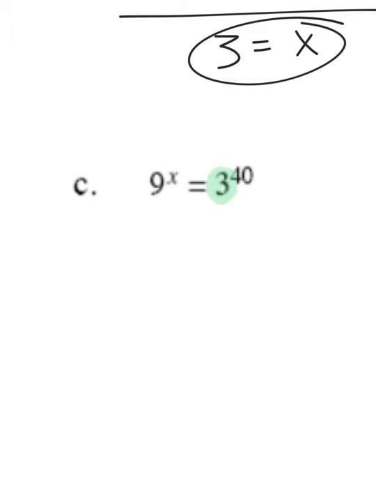I can't use an exponent to change that number. But 9, I can change because 9 is the same as 3 squared. We need to keep the exponent that's on there of x. So we just changed the 9 to 3 squared, but we have to keep the x exponent that it had.